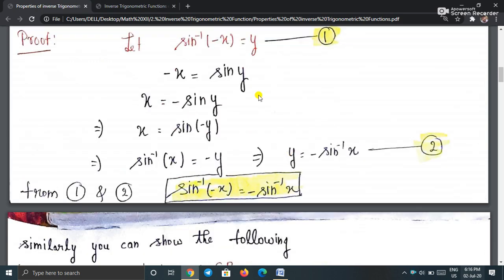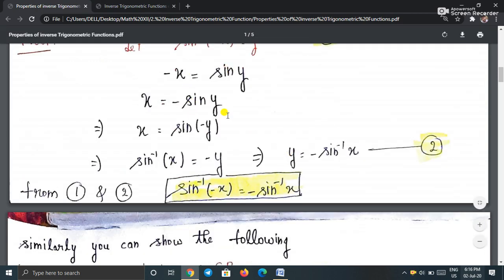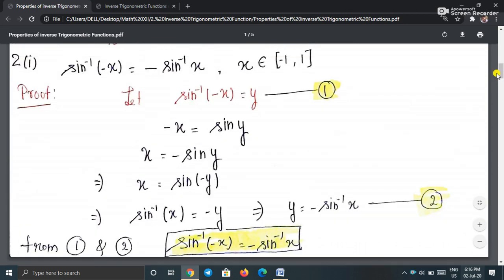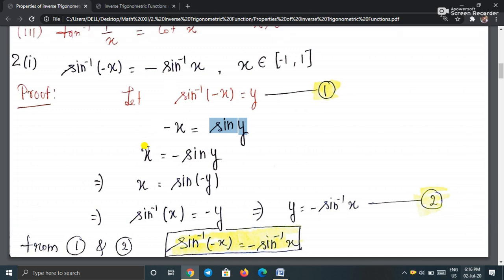I will repeat one more time. First of all, let us suppose that sin inverse minus x is equal to y, so minus x becomes sin y by using the properties of inverse function. Whether we write minus on this side or on this side, no problem.